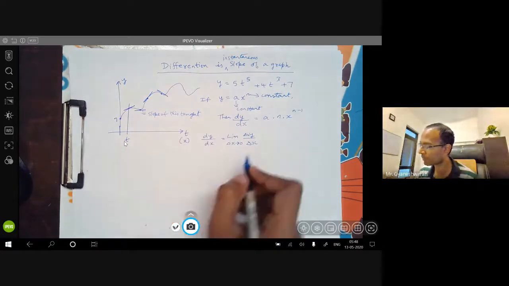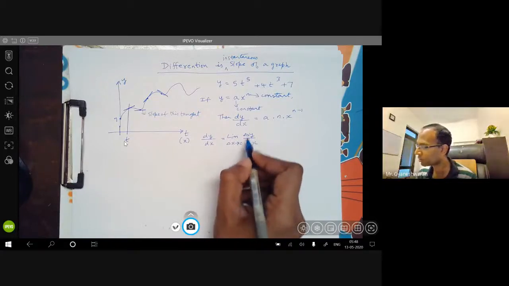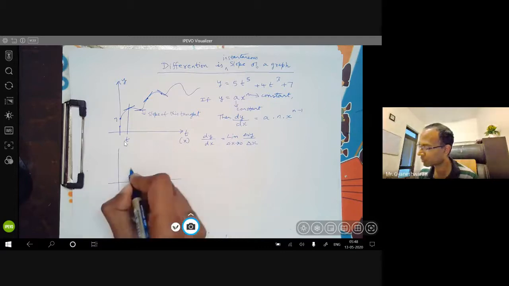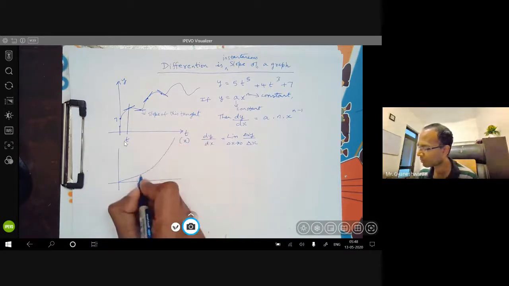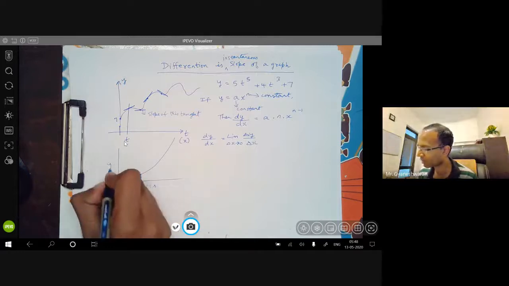So how will you obtain that? By solving this ratio. Let us take a function of this shape. If you want to find the slope at this time, let us say t equal to 1 second, this is y and this is t.